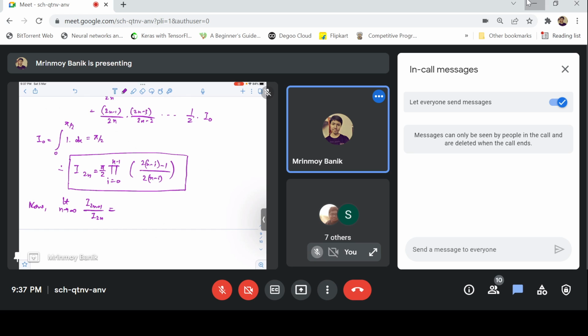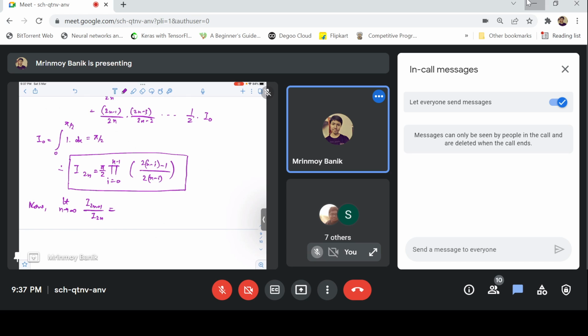Okay. We have to divide and multiply by 2n factorial. Sorry, not 2n factorial, by 2 power n times n factorial, since all the even terms are missing, right?